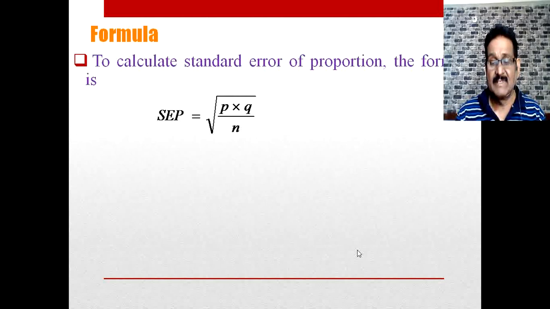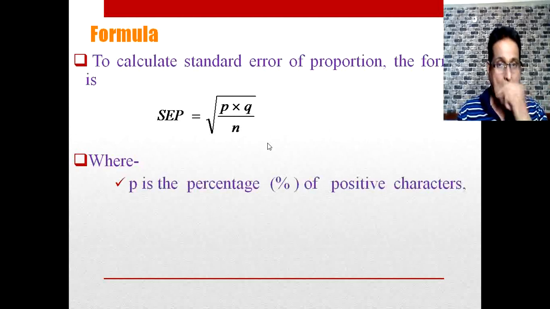As we did previously, we identify the standard error of mean by using a very simple formula, SD upon root n. Here the formula is square root of P into Q upon N, where P is the percentage of positive characters.